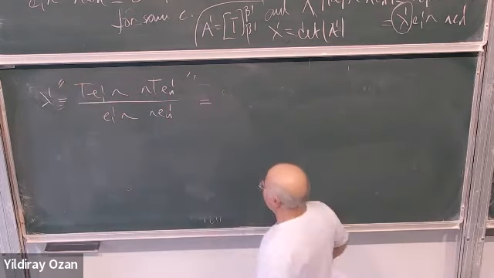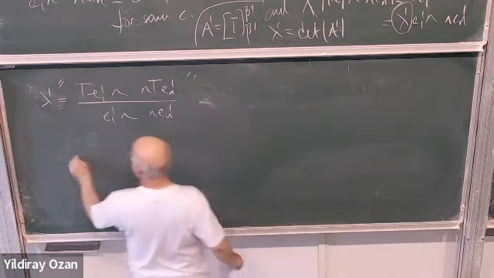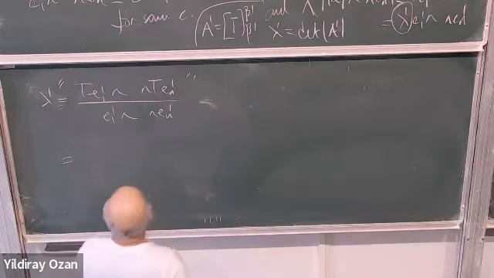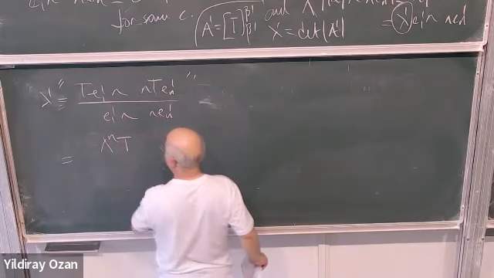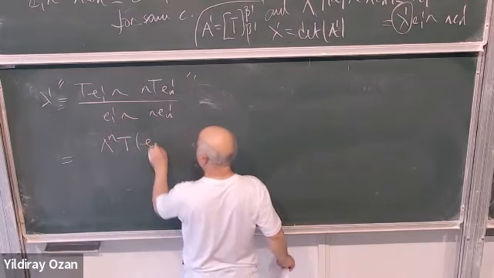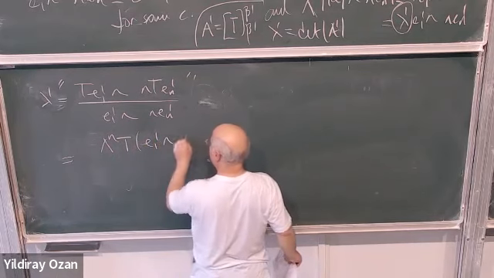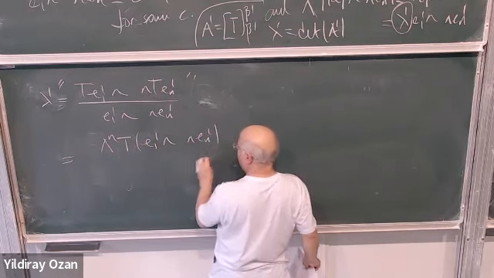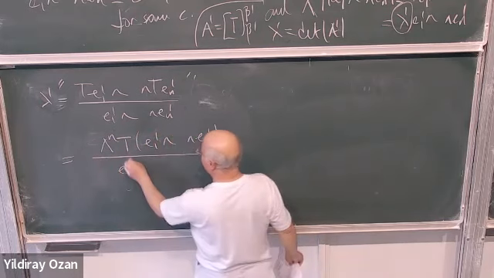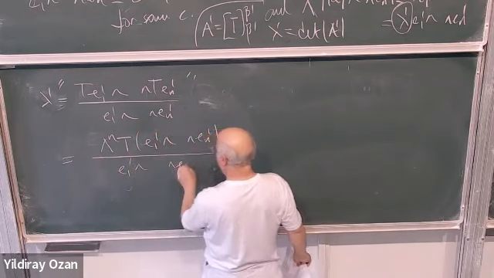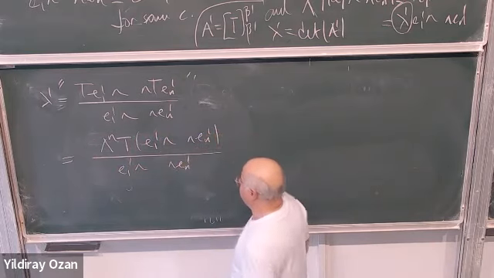Okay? Nevertheless, this thing is equal to what? This is just this gadget applied to E1 prime wedge En prime, divided by E1 prime wedge En prime.